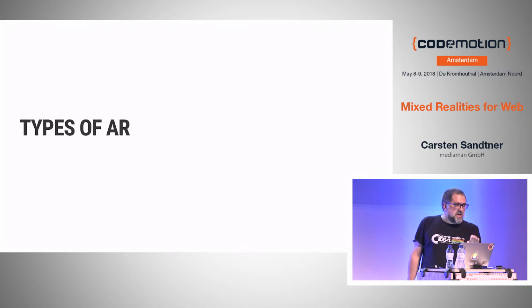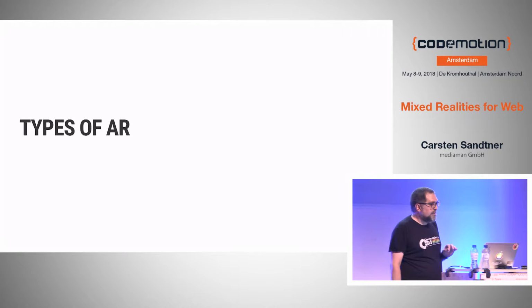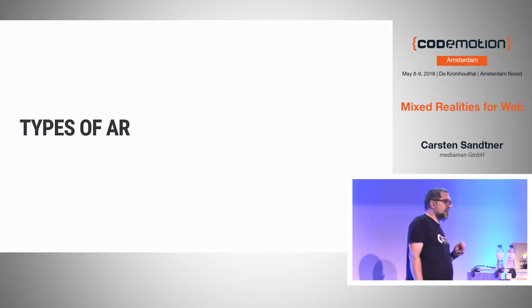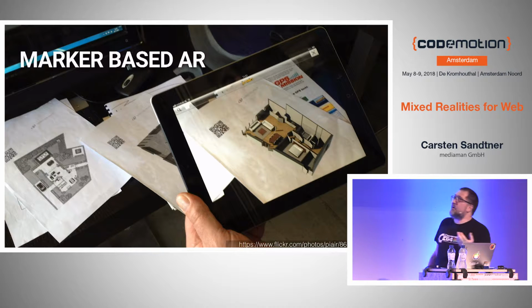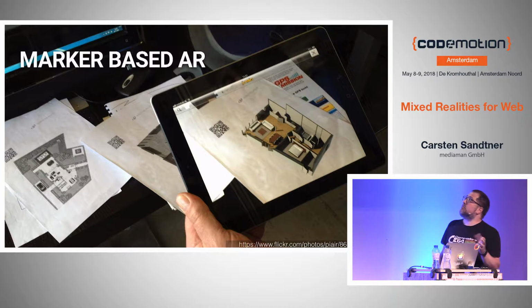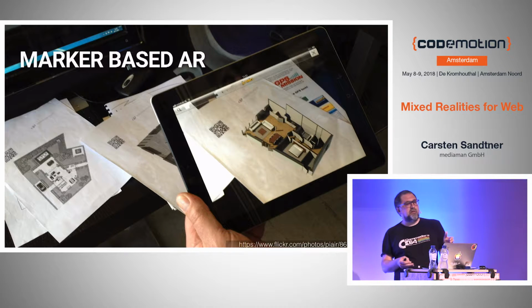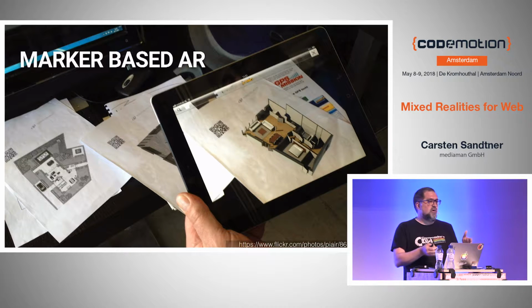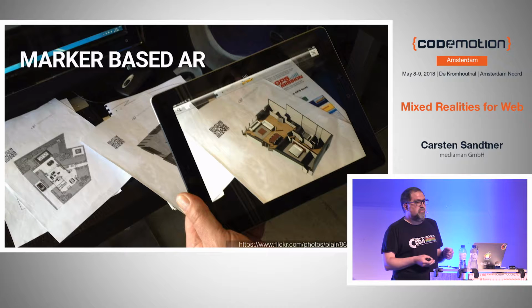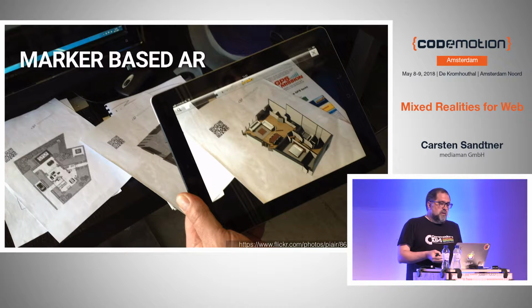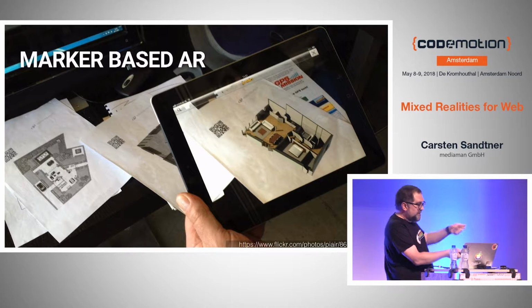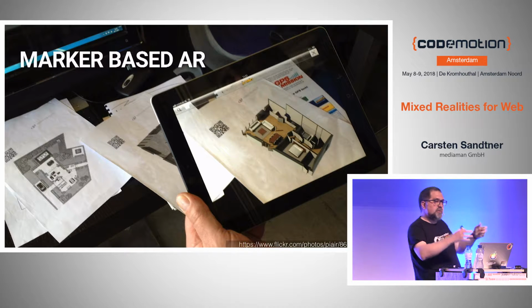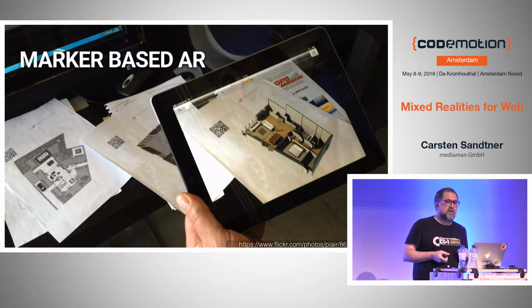Let's get into some types of AR. There are three types, at least. It's the marker-based AR. I remember 10 years ago, there was a hype when you had a web page with a Java or Flash plugin powered application which used your webcam, and you could hold your marker into the camera, and there was some 3D rendered on this marker.